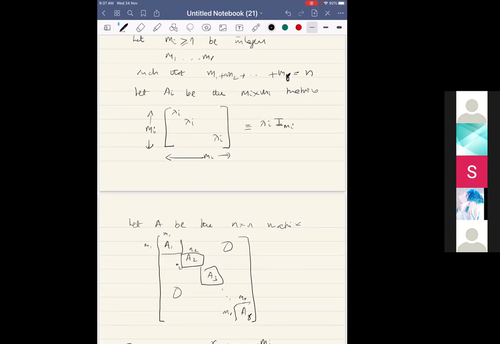Sir, can two non-similar matrices have the same characteristic equation? Yes, that's a very good question, and in fact, hopefully we'll get down to it today.